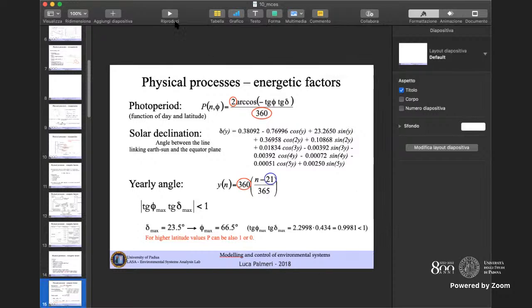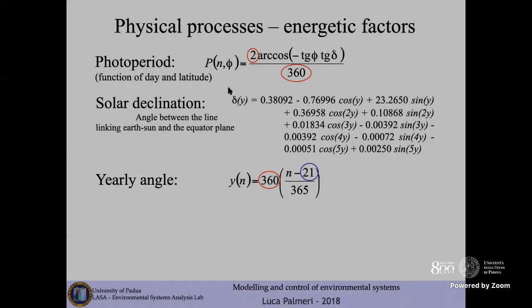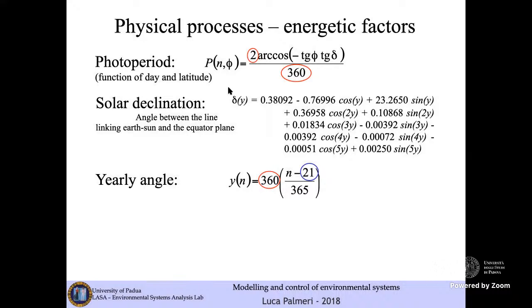Sorry, I'm back. Okay. Yes, the photoperiod has a value of 0 in our hemisphere in winter, and 1 in our hemisphere during summer. Of course, I mean the northern hemisphere of the Earth.